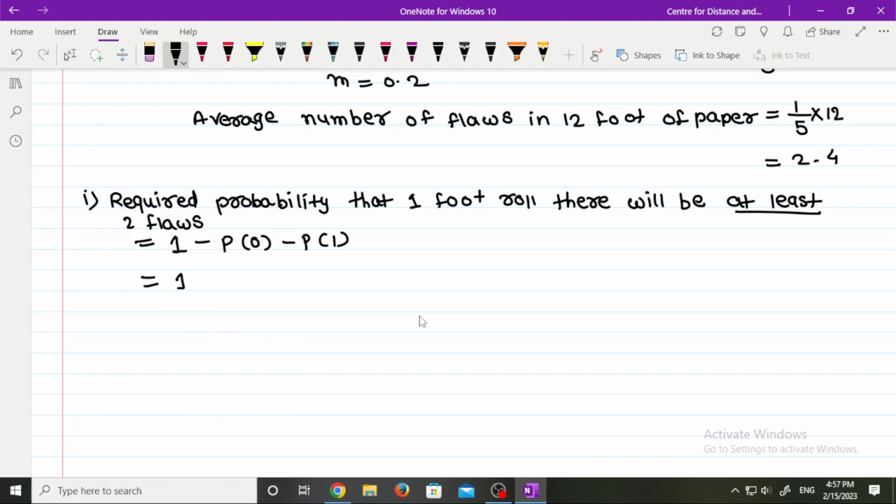which is equal to 1 minus, here the value of x is equal to 0. What is the formula of p of x for the Poisson distribution, that is e raised to minus m, m raised to x divided by x factorial.